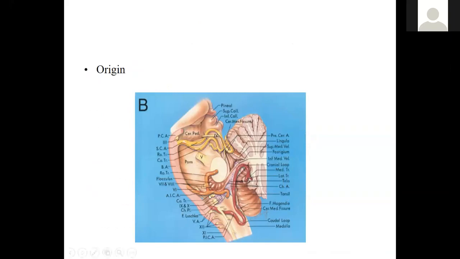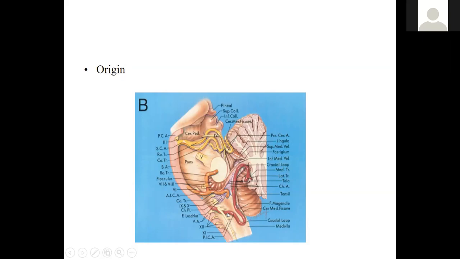So here we can see, as we said, the origin of the posterior inferior cerebellar artery, just close to the olive. On its anterolateral margin, it goes superior, rostral to the hypoglossal rootlets, and then posterolaterally it goes in between, here in this case, the fibers of the accessory nerves.